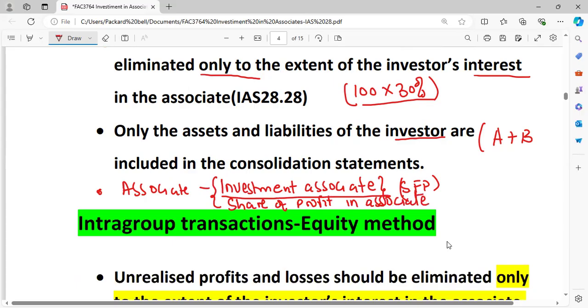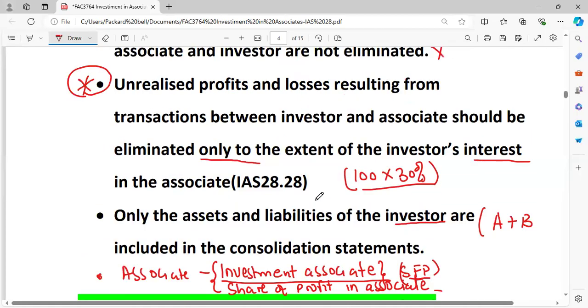In your answering, you should have a calculation for the investment in associate, the share of profit in associate, and the goodwill and gain on bargain purchase, so that when you do your consolidation, you just take those figures to the appropriate statements. So that's basically two very important aspects that you should look at when you are doing your IAS 28. We don't eliminate everything. We only eliminate to the extent of the investment in the associate.